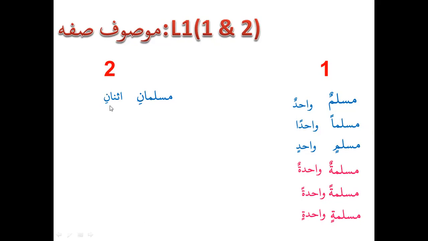There's a concept behind this. Right now, just remember this is how you write 2 Muslims. Actually, you are right, Muslimani means 2 Muslims, but sometimes you need to stress. There's a concept behind why you have to mention the number. But right now, just remember that this is how you write 2 Muslims, and Muslimani also means 2 Muslims. Okay, how do you write Nasab and Jar? Because they both look the same.